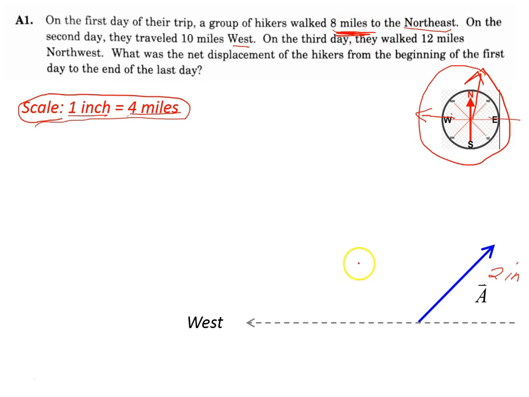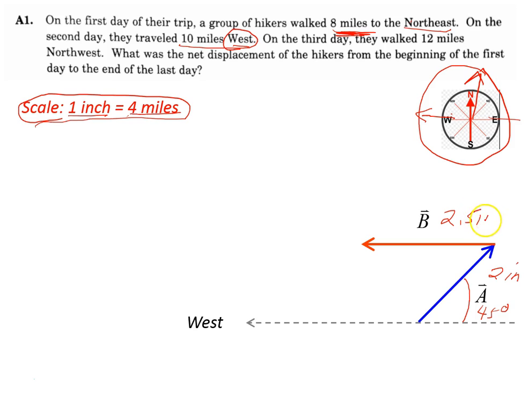Northeast is halfway between north and east, so that's essentially a 45-degree angle. Now the second day, they walked 10 miles due west. 10 miles of displacement to scale is, let's see if I can do the math here, 2.5 inches.